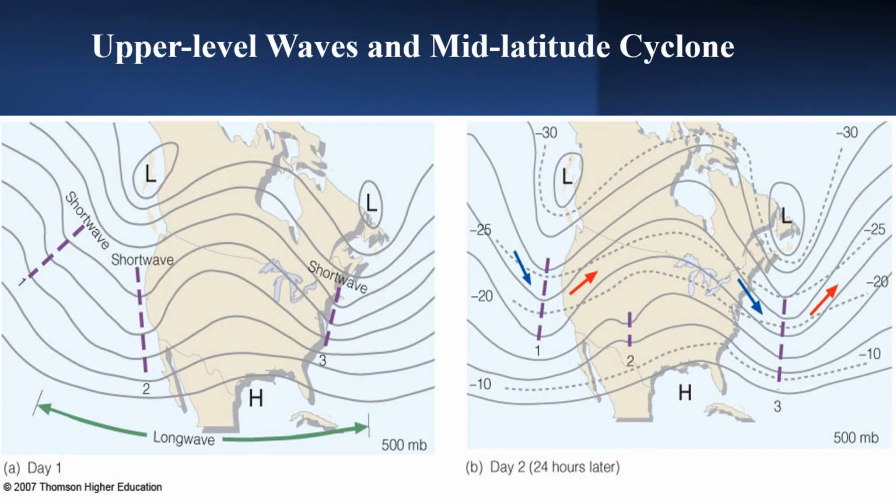If you're looking over here, at 1, 2 and 3, the short wave disturbs the flow and accentuates the region of baroclinicity. In the region of baroclinicity, wind crosses the isotherms and produces temperature advection.